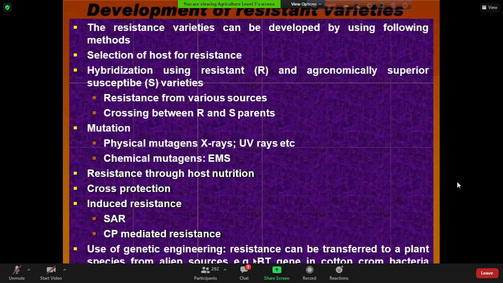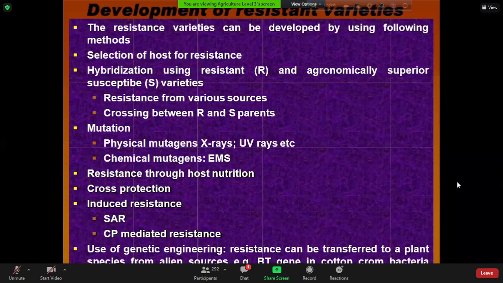So this gene is actually present in the bacterium, but we can identify the gene and we can transfer the gene from bacteria to the plant. As a result, that plant produces a toxic substance. The substance is toxic to the shoot and fruit borer. That is the genetic engineering approach.